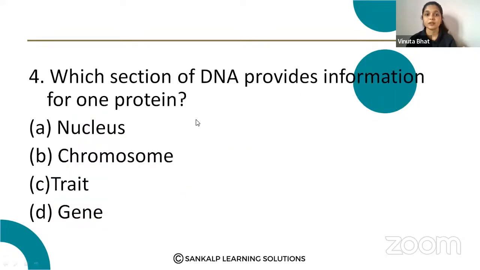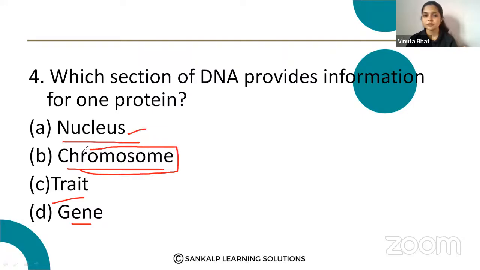Next question. Which section of DNA provides information for one protein? You know that the segment of DNA codes for the protein, and that protein is responsible for character development, right? Is it nucleus, chromosome, trait, or gene? Nucleus is not present in DNA.